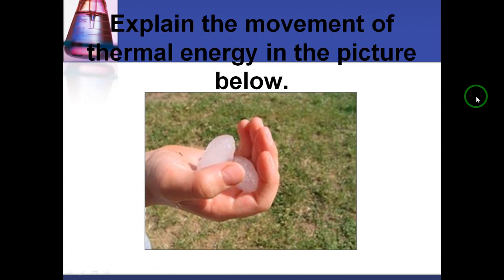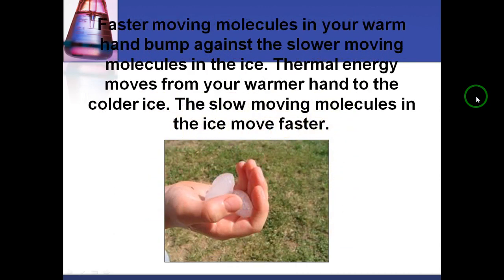Can you tell me the movement of thermal energy in the picture below? Your warm hand consists of faster moving molecules. It bumps against the cold ice, which consists of slower moving molecules.